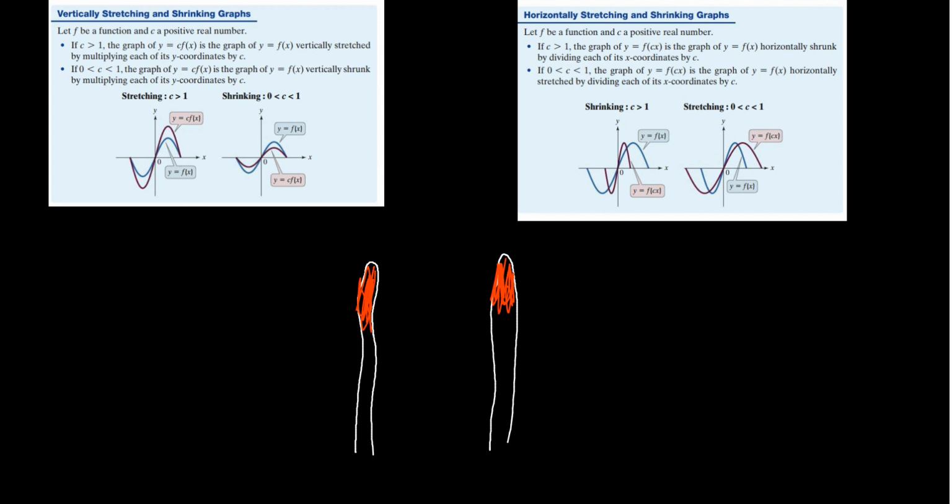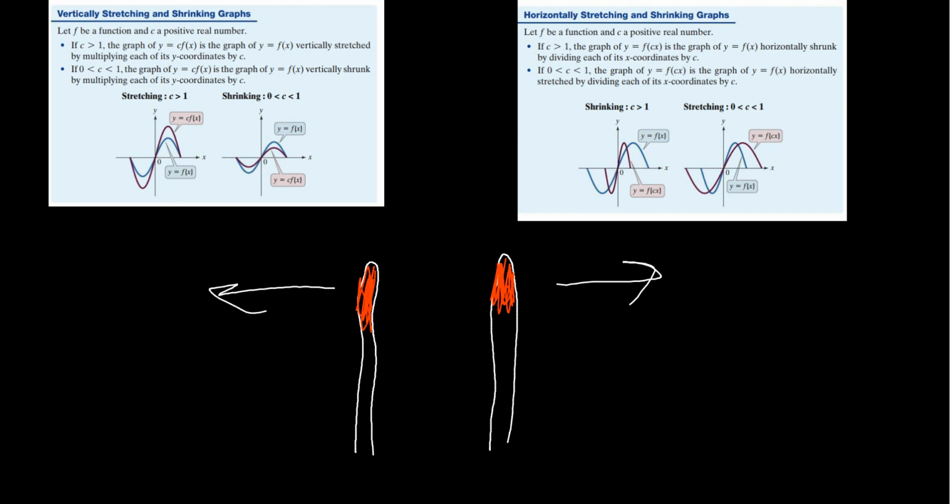If I'm multiplying my variable by a number that's greater than 1, then I'm going to shrink the graph. Again, you can see that here. The blue line is my parent function, and then I'm just pushing it together. And then of course, the other side, if I have a number that is between 0 and 1, we're going to have a horizontal stretch.